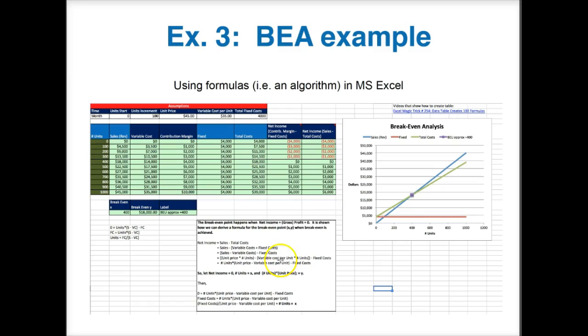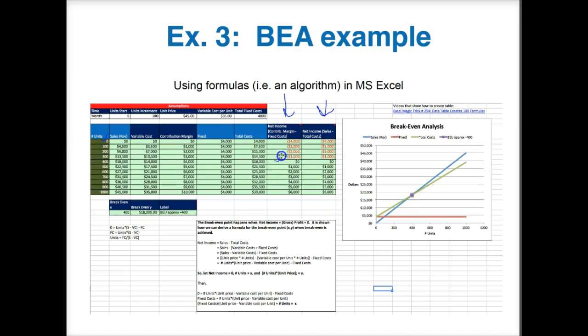Okay. And so the main thing I want to focus on is these two columns here. So we see that for a certain number of units, we're still in the red, meaning that we're losing money.